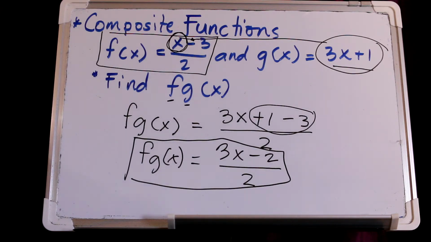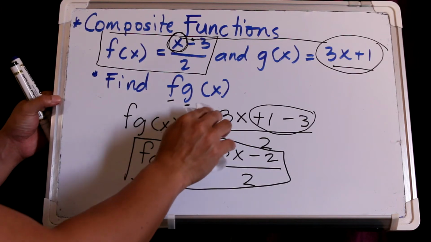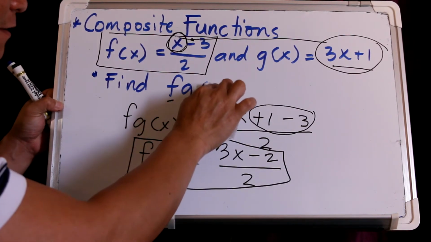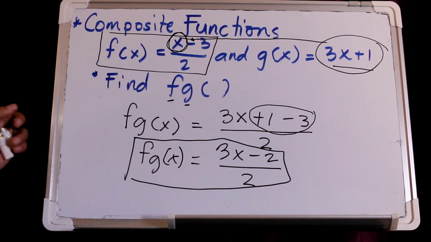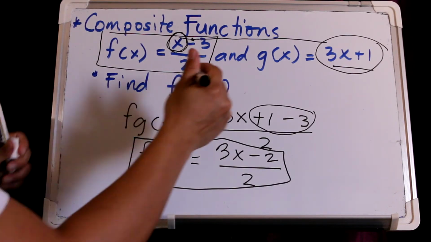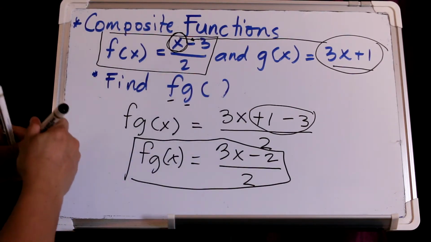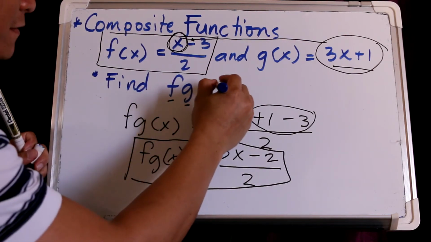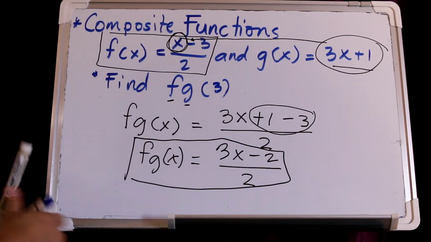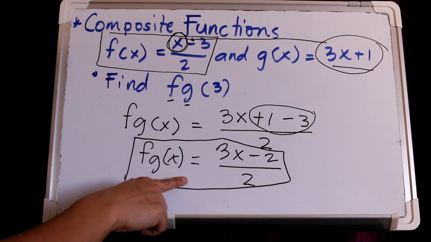Alright, let's have example number 1. Okay, so this is how you find the function. What if, in our problem number 1, what if we have, let's say, 3 here? So we find the composite function already.